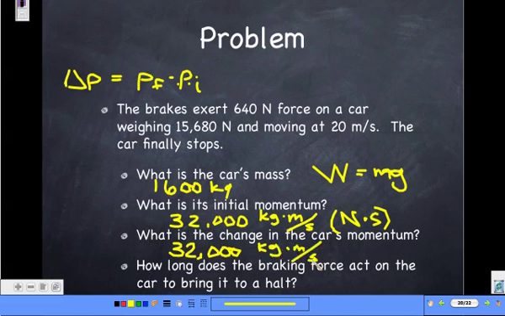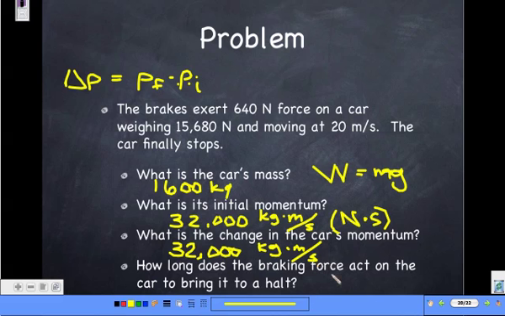And how long does it take? Because our change in momentum is equal to force times the change in time. We know the force, we know the change in momentum.